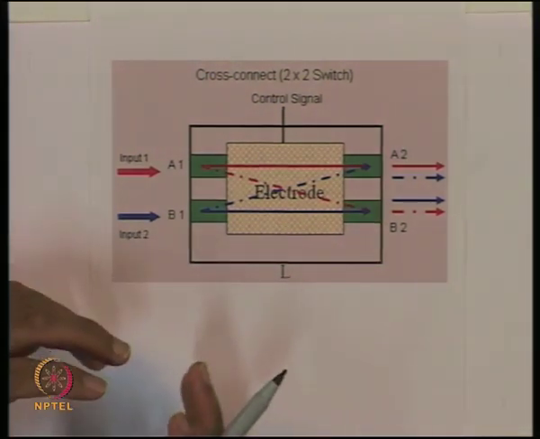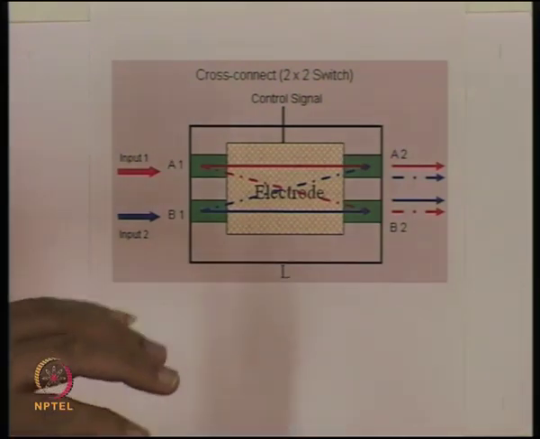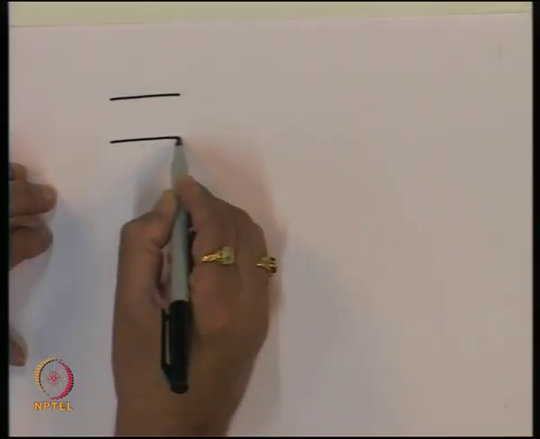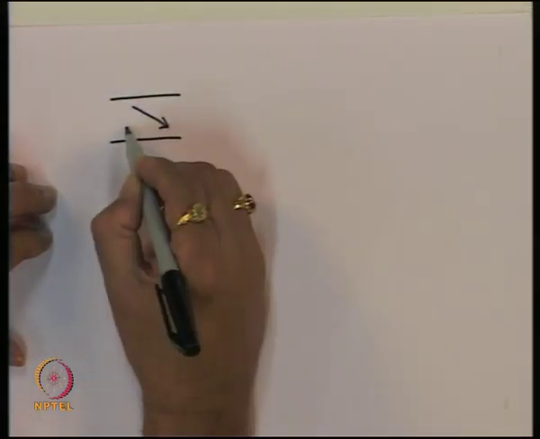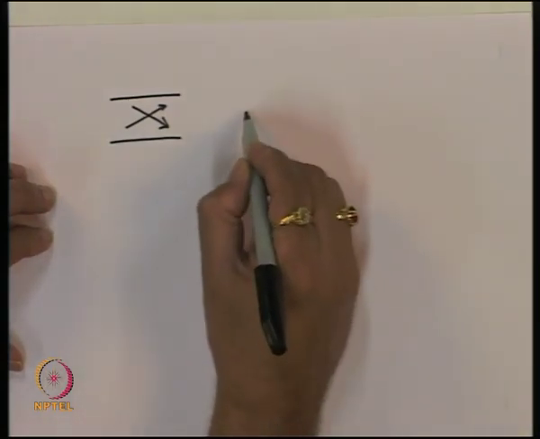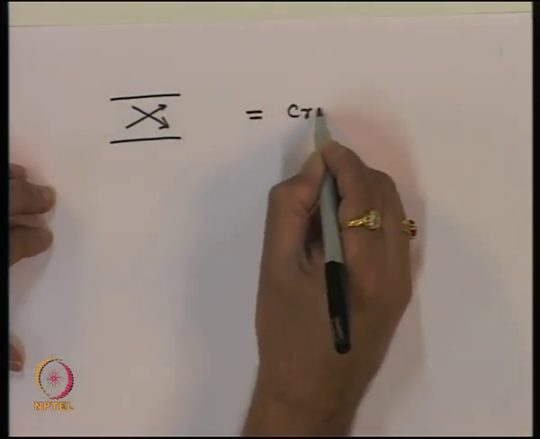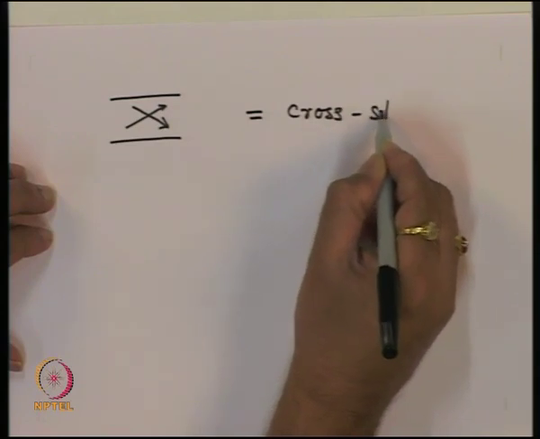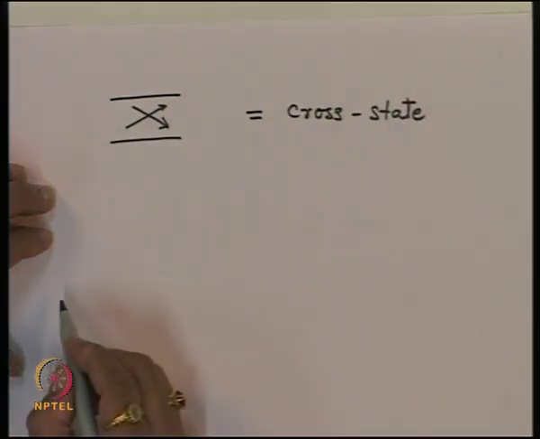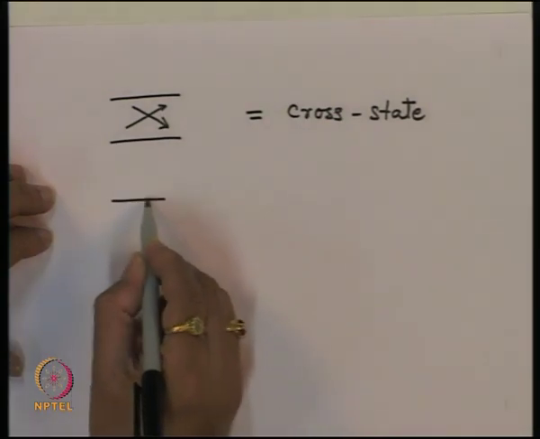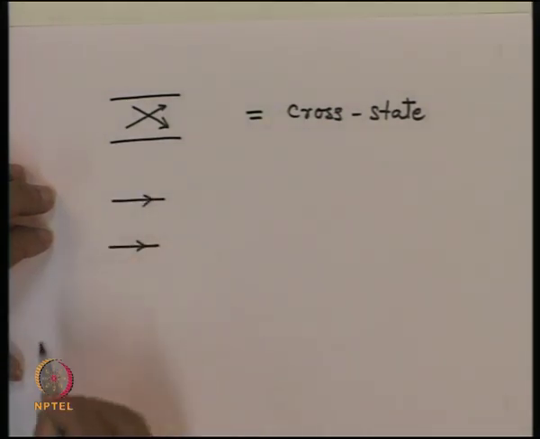So, essentially what we have done is we have created a cross connect which is a 2x2 switch with two states. One is what is called a bar state and the other one is called a cross state. So, we have a situation like this where this gets connected to this, and this gets connected to this. This we call the cross state. Another situation is this is connected to this, and this is connected to this.